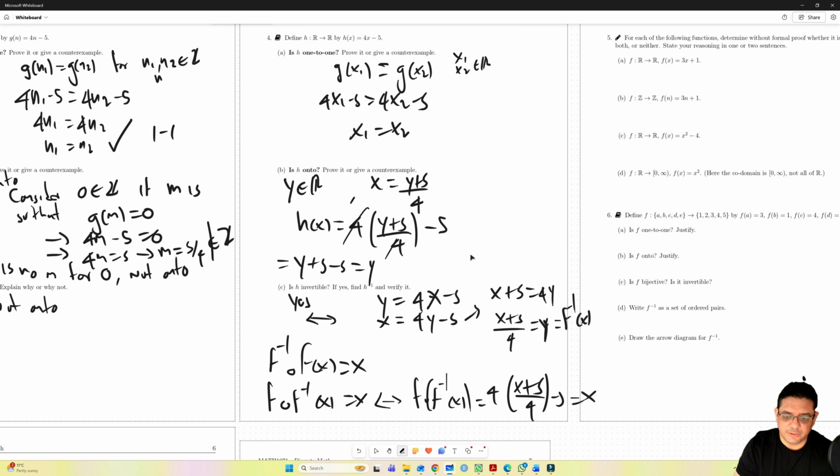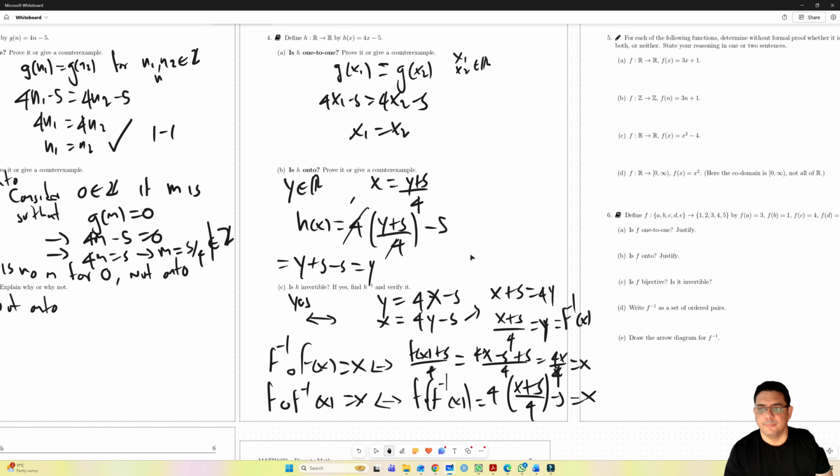And if I'm doing the other direction, f inverse of f of x, it will be (4x minus 5 plus 5) over 4, which is 4x over 4, which is x as well. All right, so this is just a reminder of what we saw on the slides.